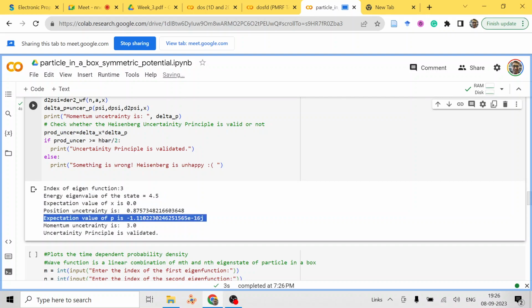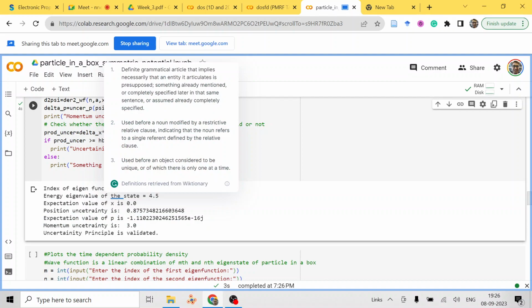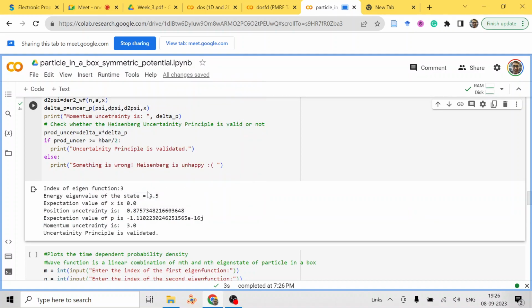Momentum we can get, the expectation value of momentum is coming in this value, and the uncertainty is here. You can check it for different eigenstate functions, and we can see that the uncertainty principle is still being validated.